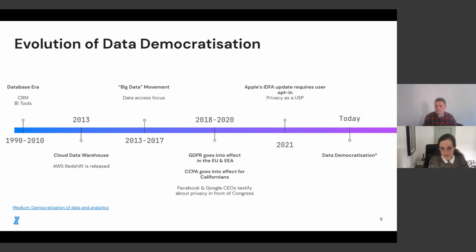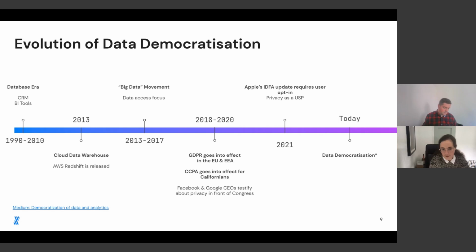So we had this period of 2013 to 2017. It was all about data access, big data, getting data to everyone, everywhere. And then in 2018 to 2020, we start to have more regulation around data and access, and what it can be used for. And that's only really continued in recent times.